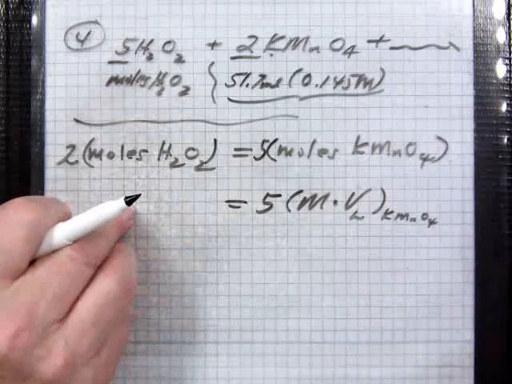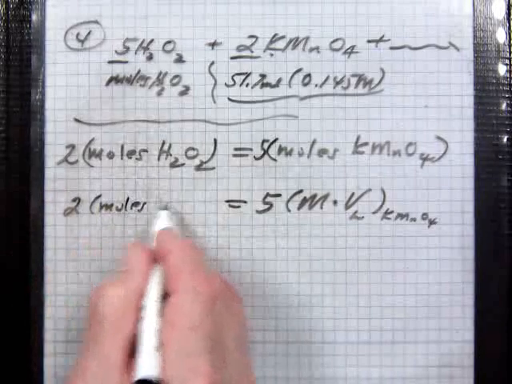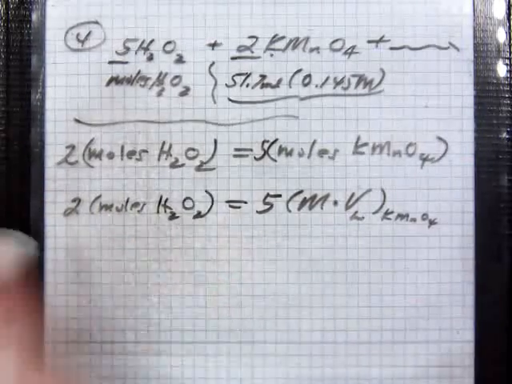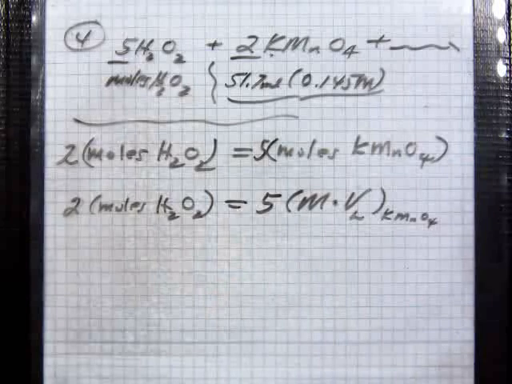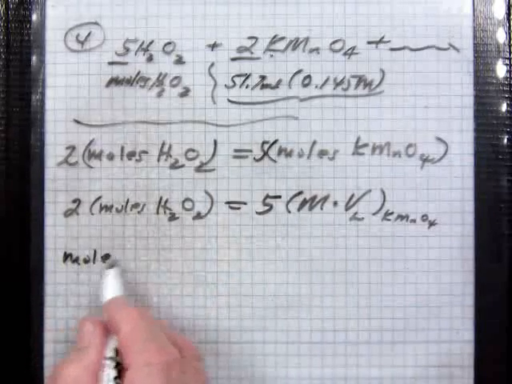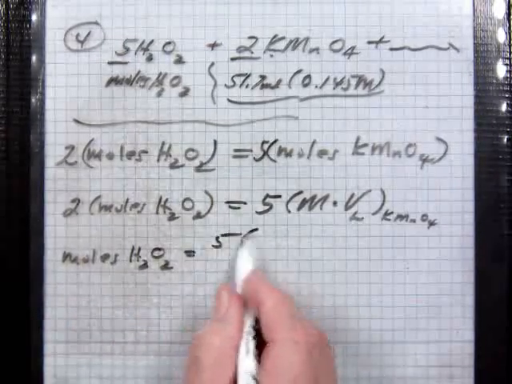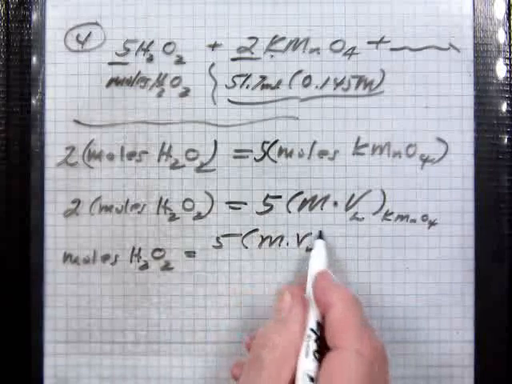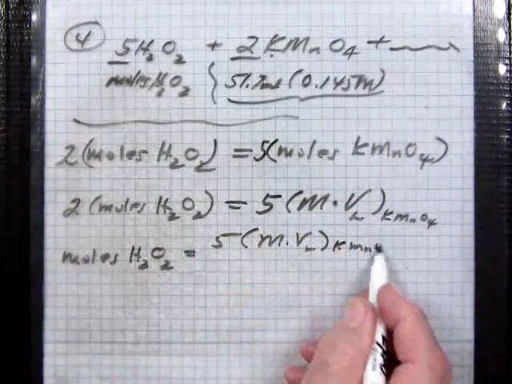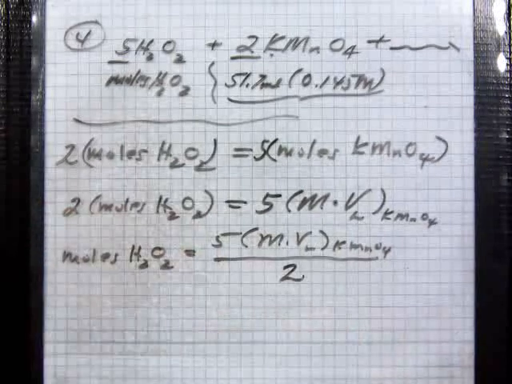So I have 2 times moles of H2O2. I'm going to solve that for moles of H2O2, and that's 5 times molarity times volume in liters of the KMnO4, divided by 2.